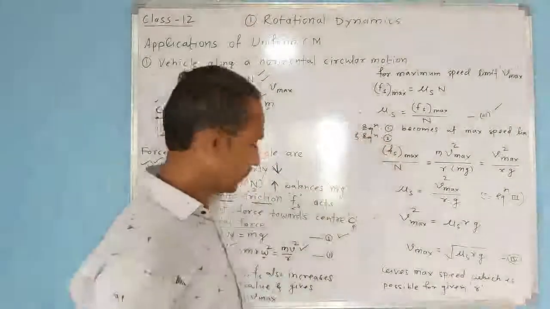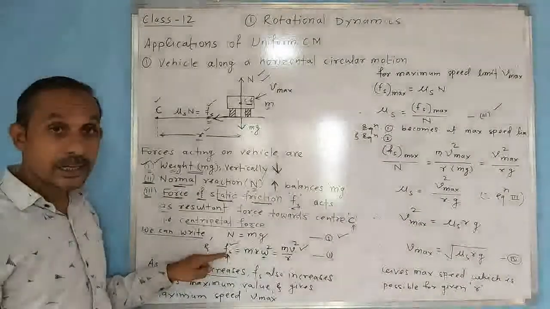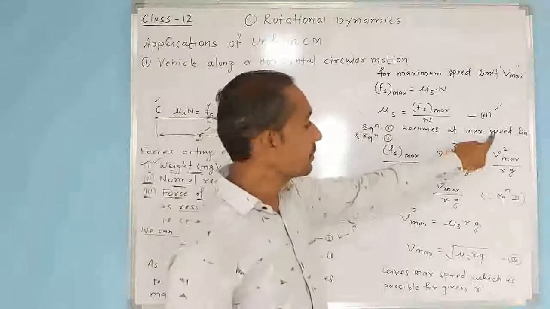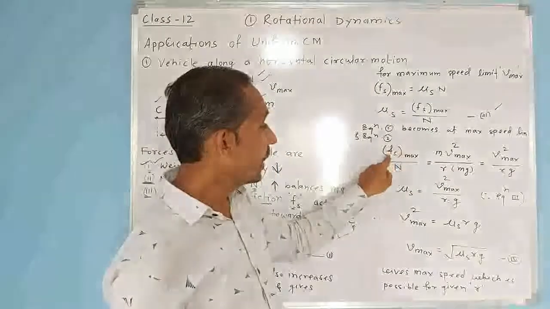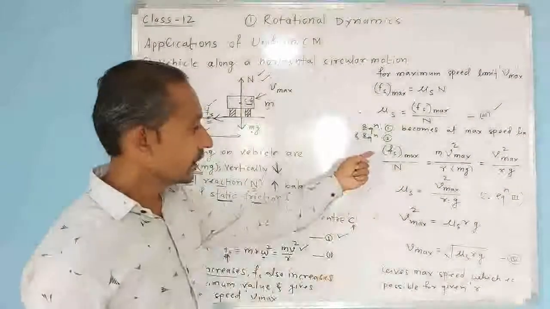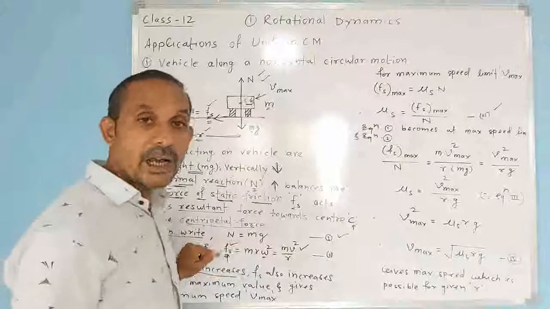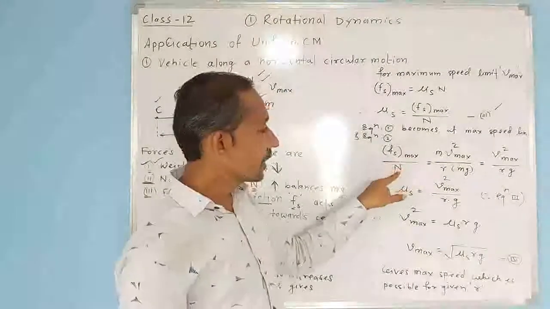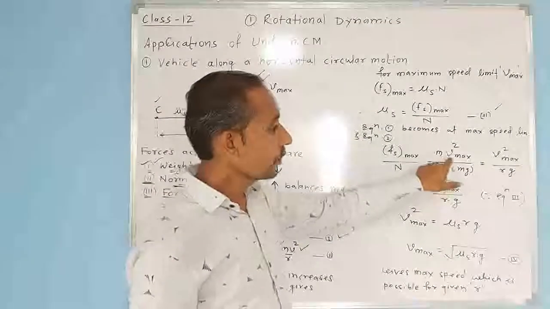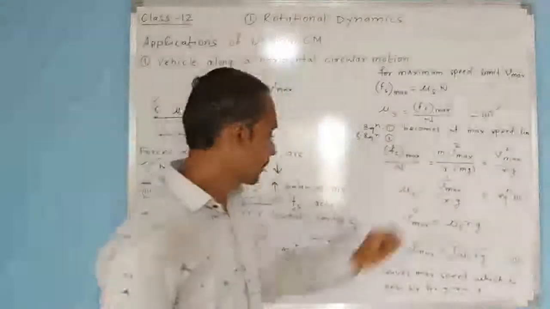For equation 1 and 2, if we divide equation 2 by equation 1, we get Fs upon N. But for maximum speed, Fs is maximum, so Fs maximum divided by N is equal, on the right-hand side, to m v square upon r, but v is maximum, so m v max square upon r, divided by mg.